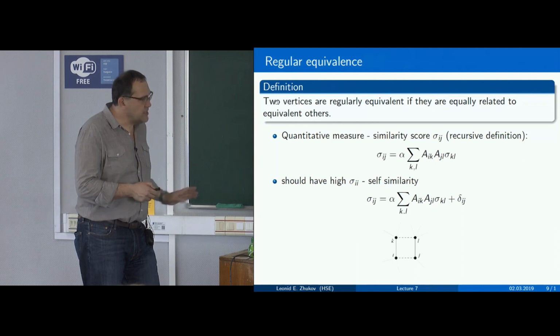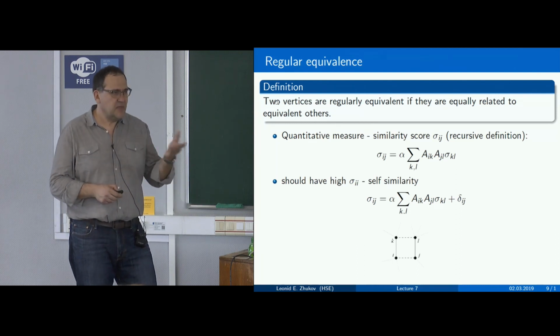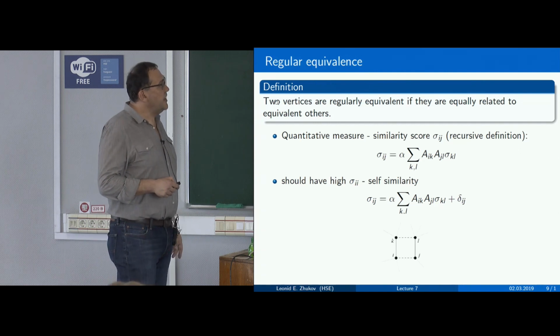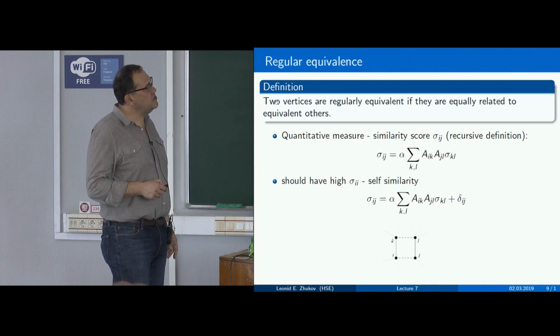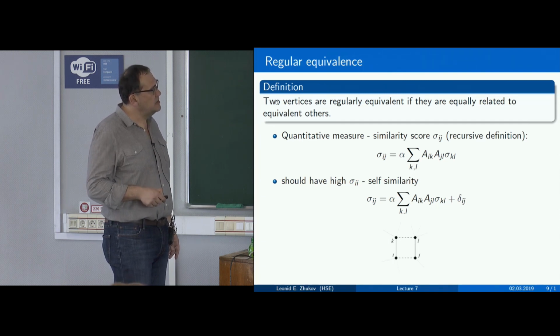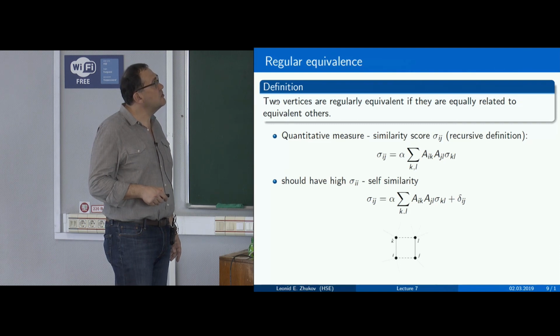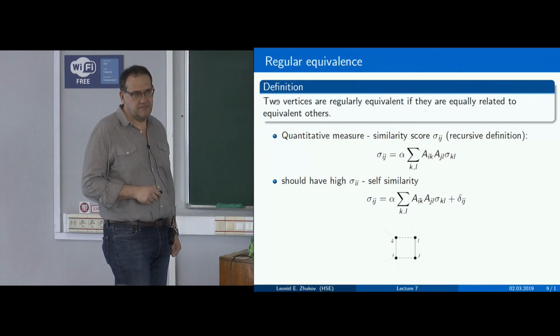And the idea is exactly the same as with eigenvalue centrality: if I want to define equivalence between nodes i and j, and they're connected to other nodes, we'll calculate this equivalence through the equivalence between their neighbors. So these two nodes are similar or equivalent if they're connected to nodes that are also equivalent.